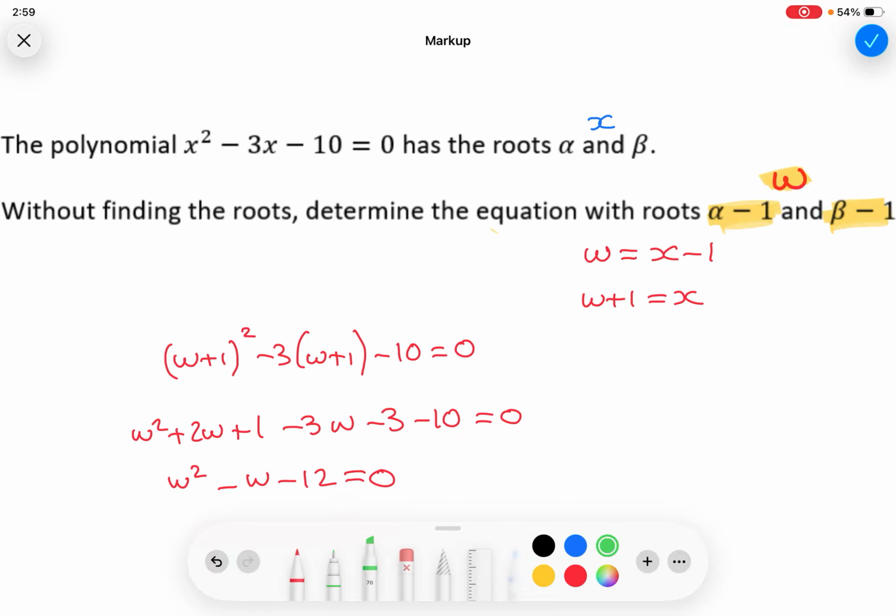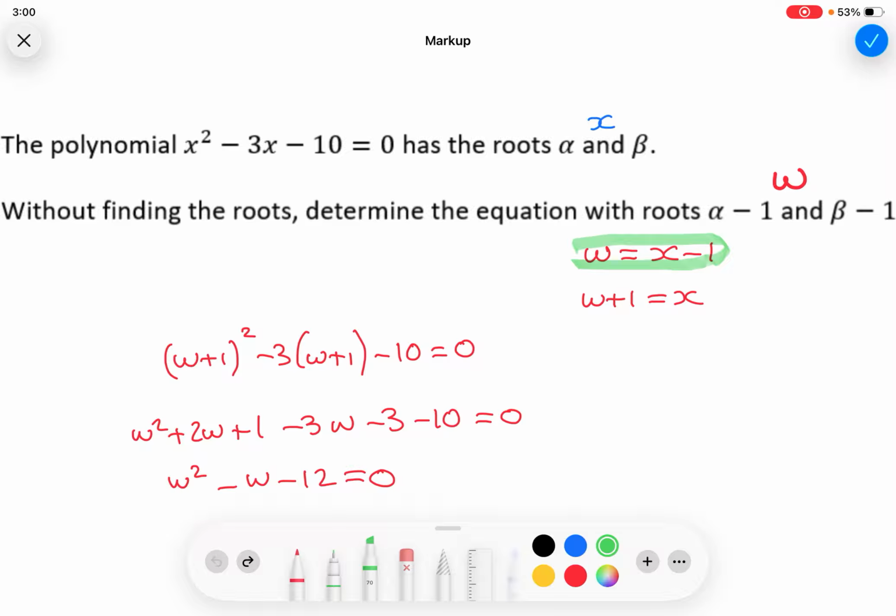But I know that alpha is an x value, and beta is an x value. So therefore I know that w is equal to x minus 1. My w here is equal to x minus 1.